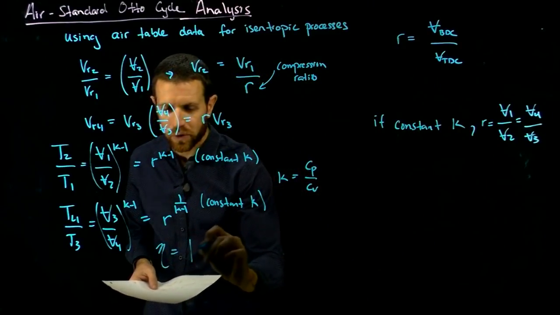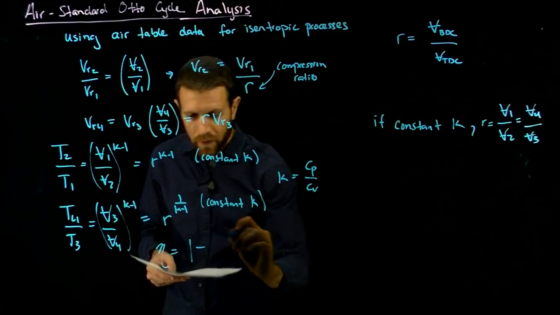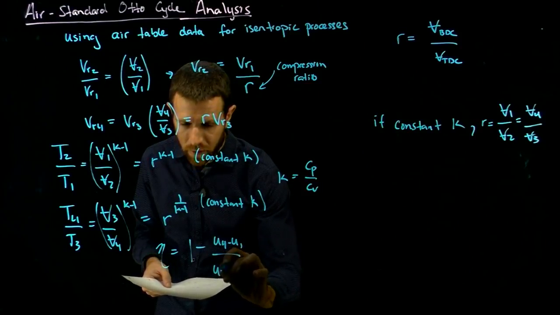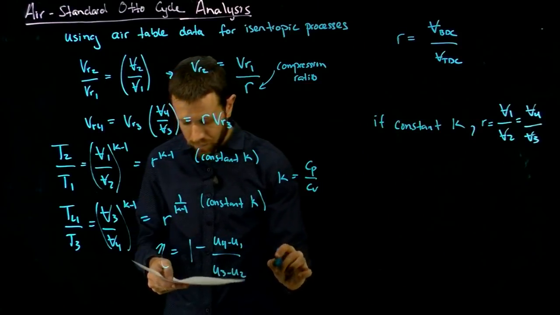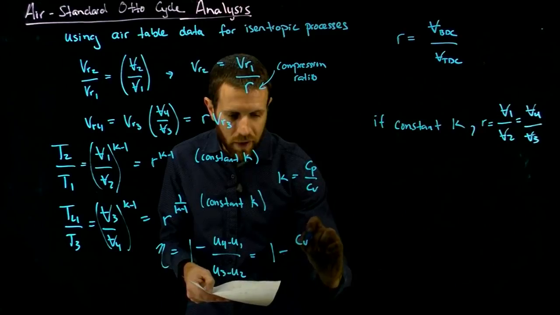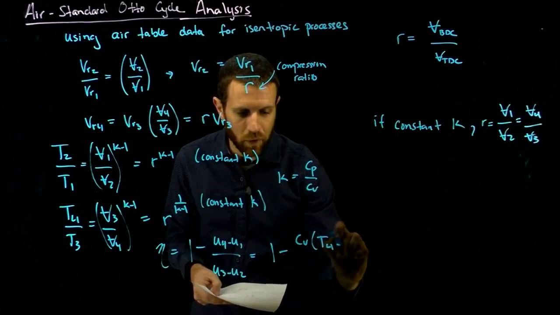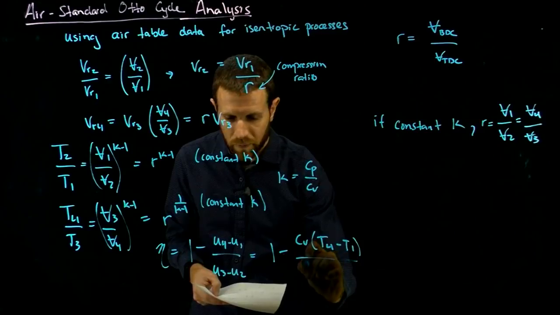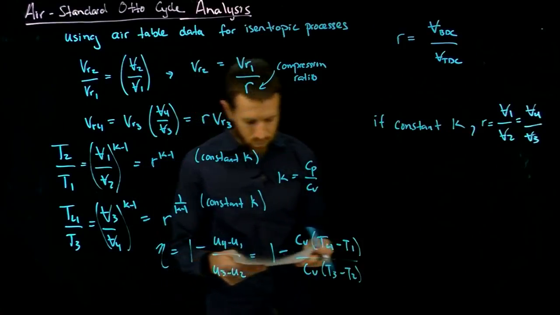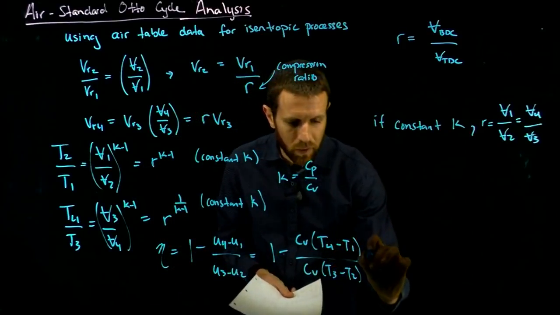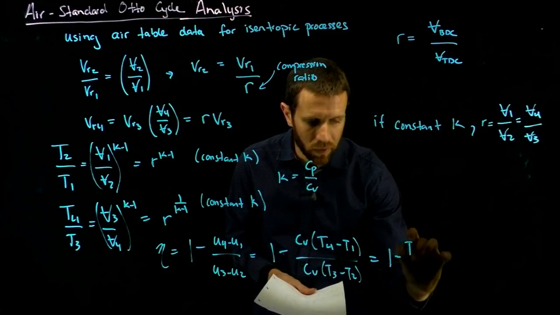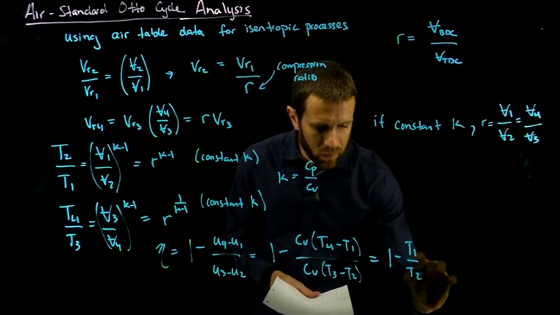And eta, which, as we said before, was 1 minus U4 minus U1 over U3 minus U2, that will become 1 minus Cv T4 minus T1 over Cv T3 minus T2, which we can write as 1 minus T1 over T2.